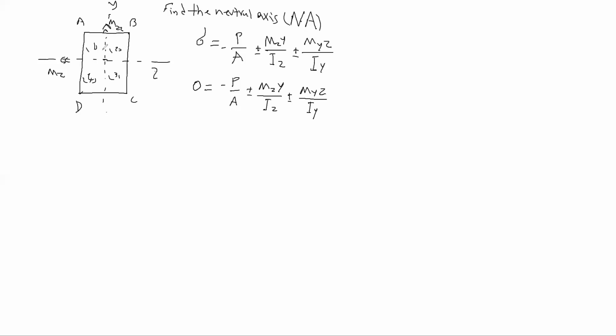It's the difference between A, B, C, and D. Look at A. Based on MZ, A is under compression, which means any point in this quadrant, based on moment MZ, is under compression, because it is above the z-axis, and below is under tension.